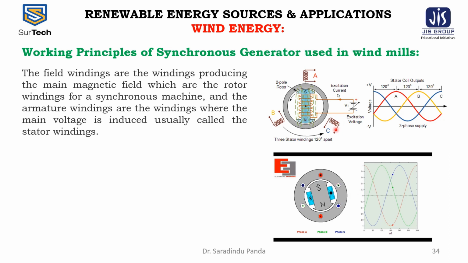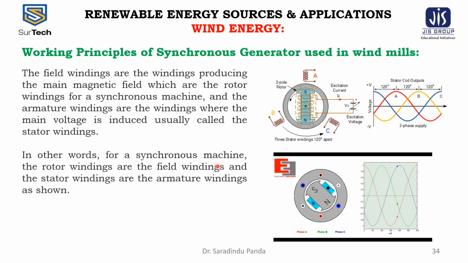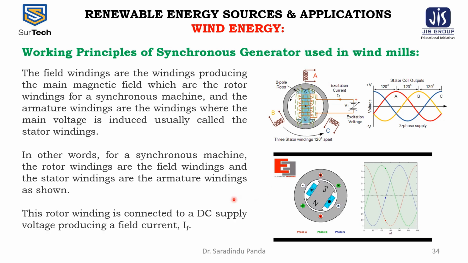These are the stator winding and this is the rotor winding. In other words, for a synchronous machine, the rotor windings are the field windings and the stator windings are the armature windings.